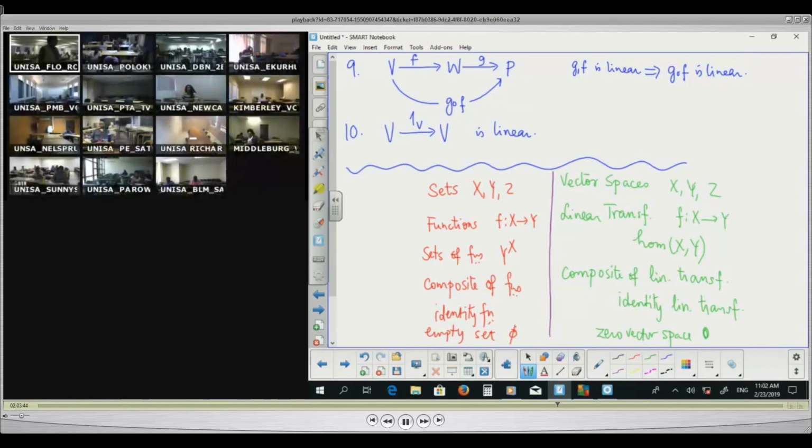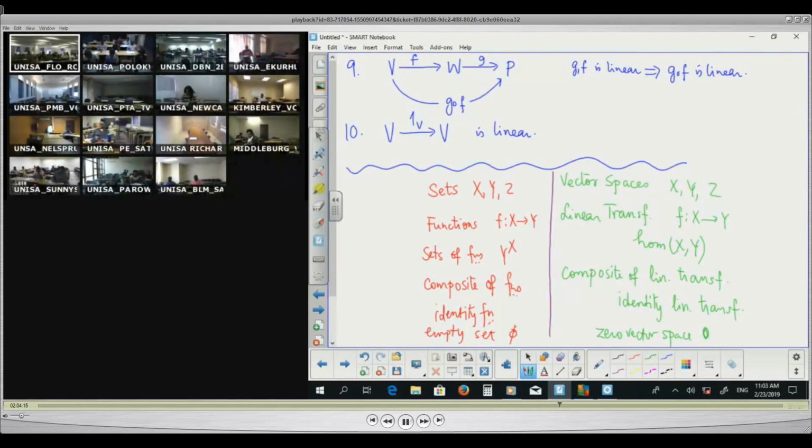So, we will go on and see how much of this analog we can go on drawing. Next time we will see subspaces. They will be the analogues of subsets. And in that case we will see that the zero vector space plays the role of the smallest vector space.